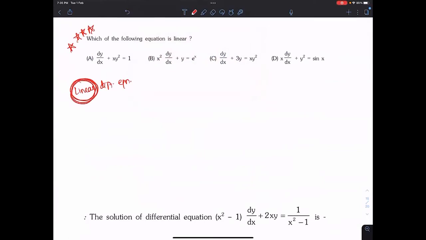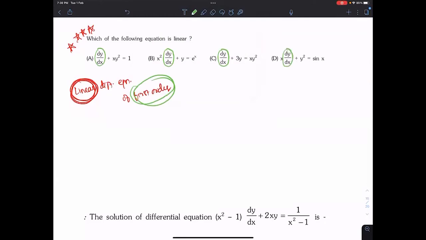That means linear differential equation of first order. You all know what is first order. The order of the equation is 1, that is dy by dx, dy by dx, dy by dx, first order only. All are first order.